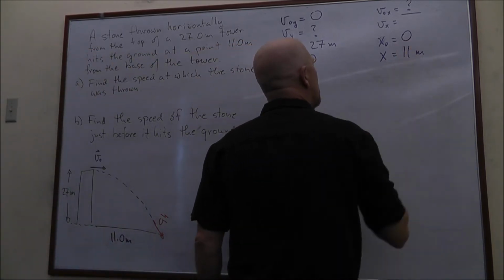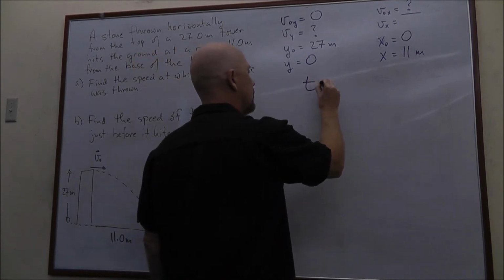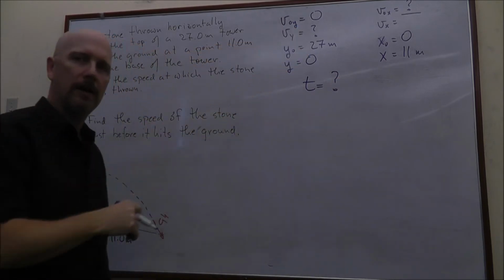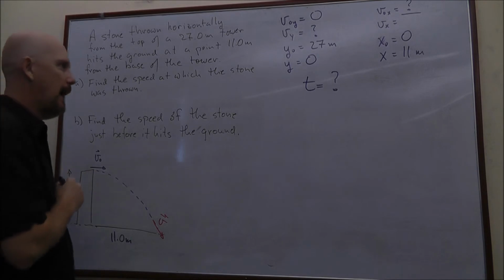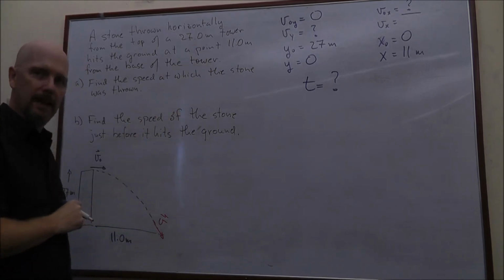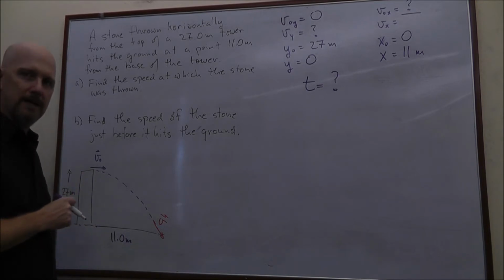The other thing we don't know is the time. And that time is useful on either side of the equation. If I were to have the time, then I could figure out the x stuff. So I need to get the time from the y stuff.